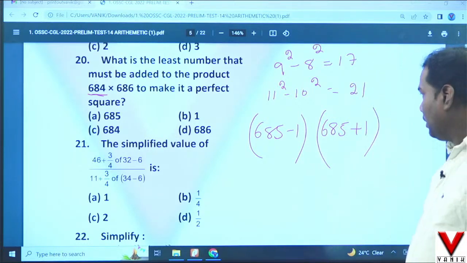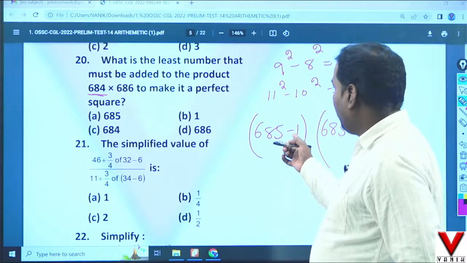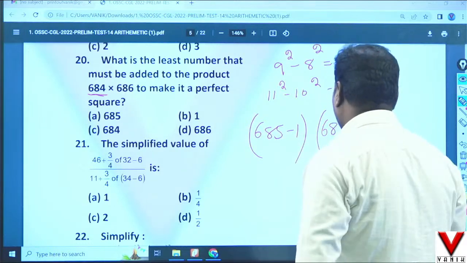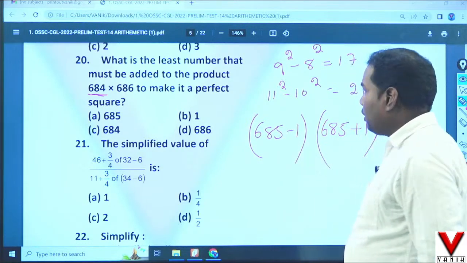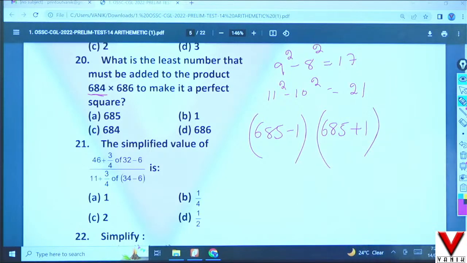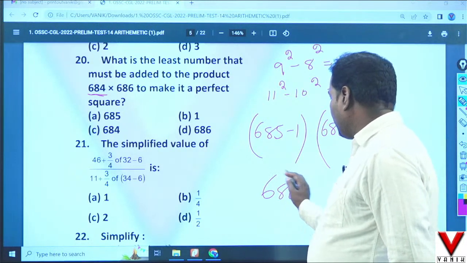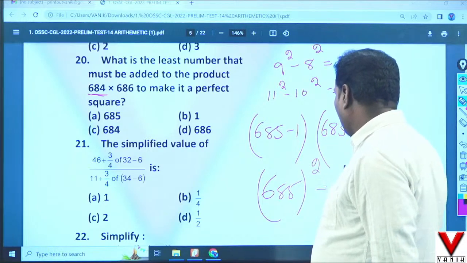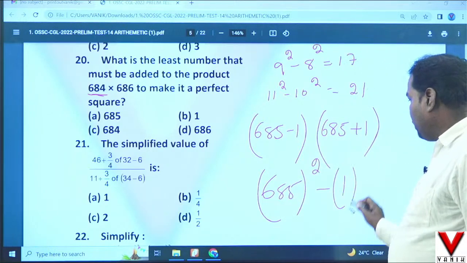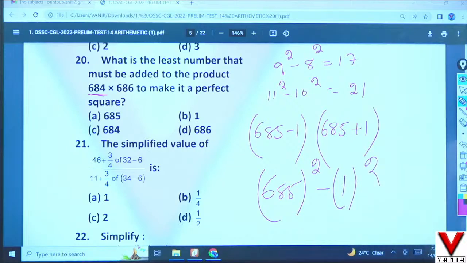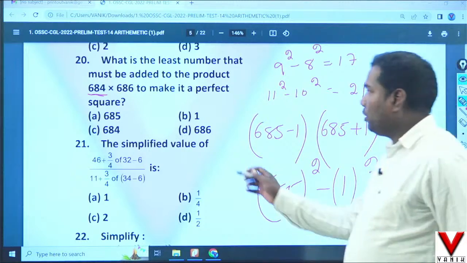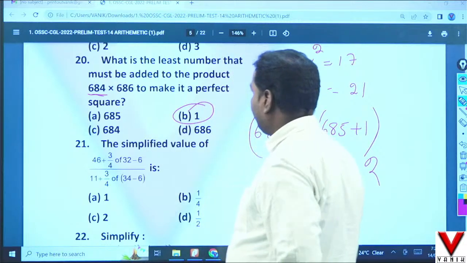That means 685 minus 1 is 684, then 685 plus 1 is 686. It will be a square minus b square. So I write 685 square minus 1 square. So the answer is equal to what? 1. Option B is our correct answer.